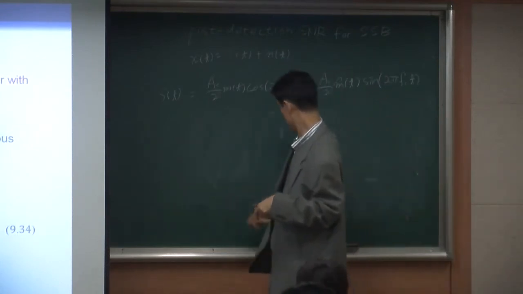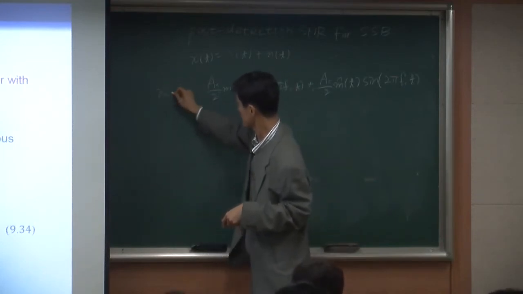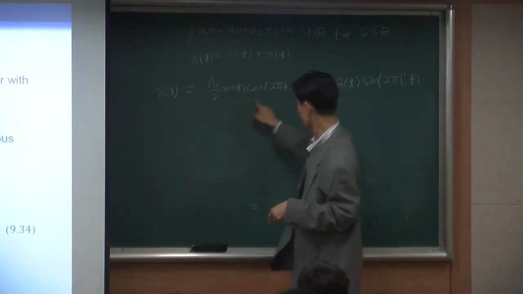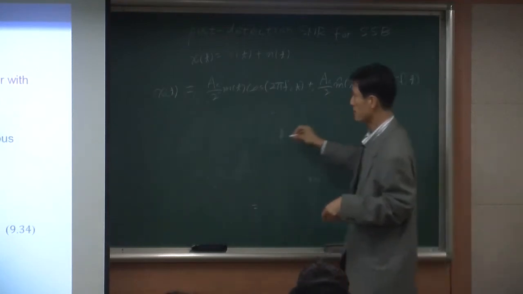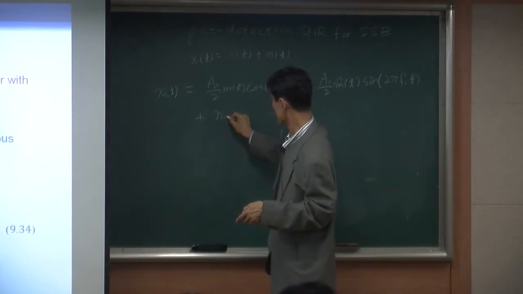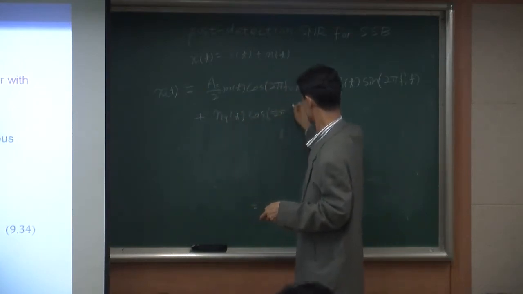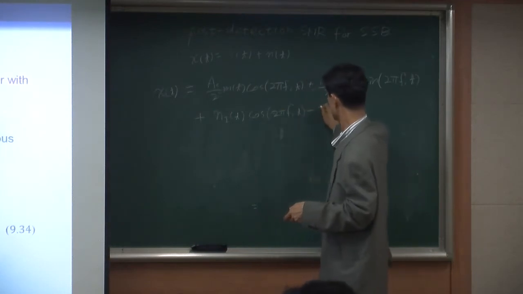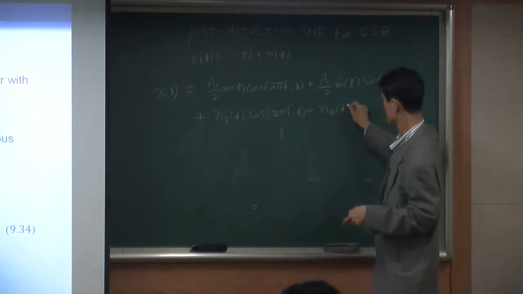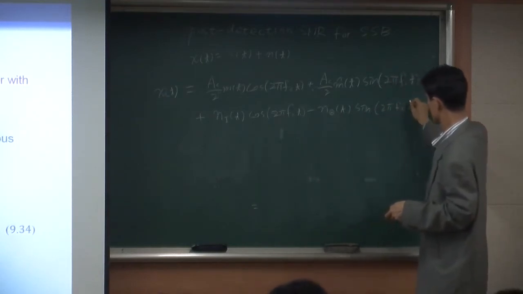So therefore, let me change this. So our x(t) equals to this s(t) plus our noise in baseband representation. That's going to be this.